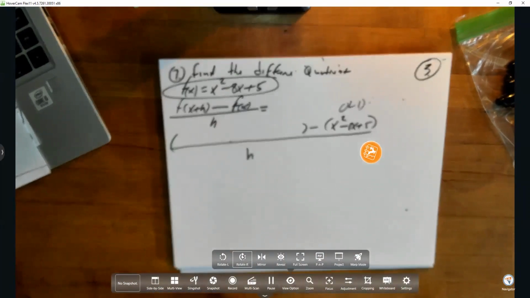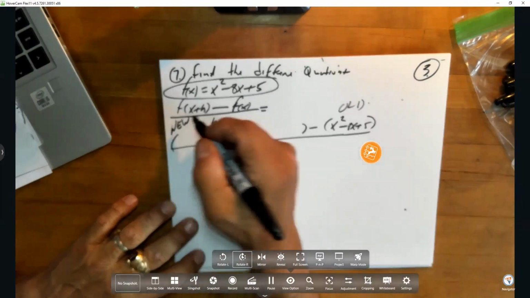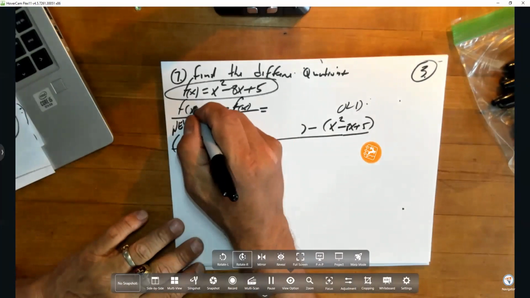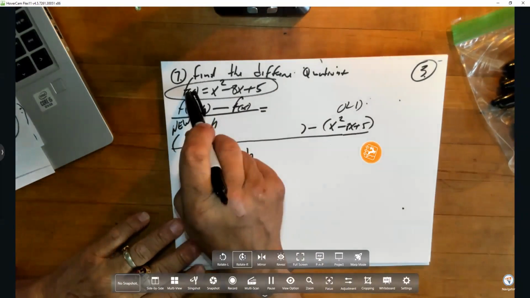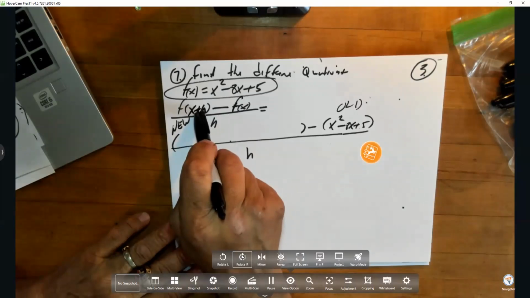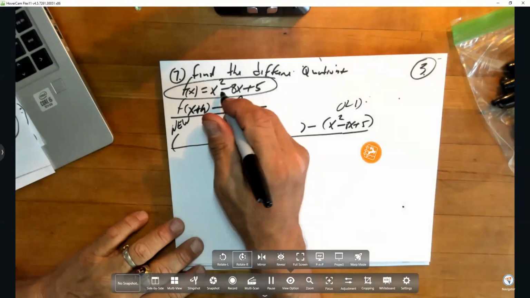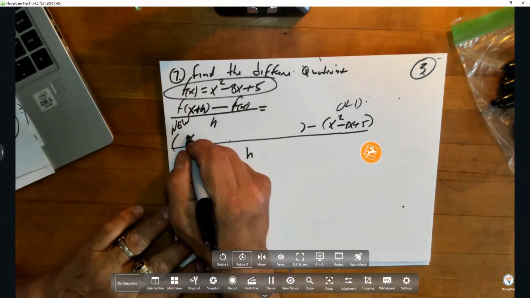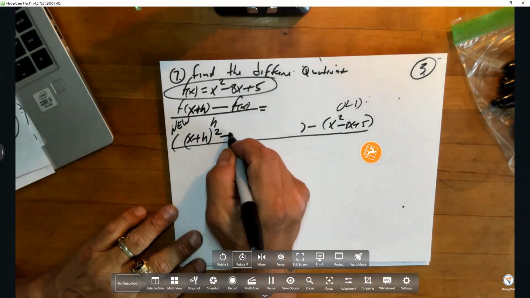Old one? Now this is the harder part. The new one: the second one says put x plus h, all of it, inside there, and inside there. This x plus h now is going to go there and there and there. So it's no longer, now it's going to be this. And I'm just going to write it like this. See if you can see it. Squared.